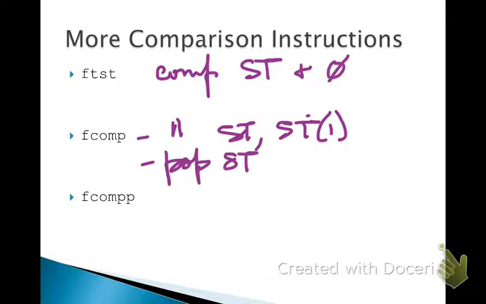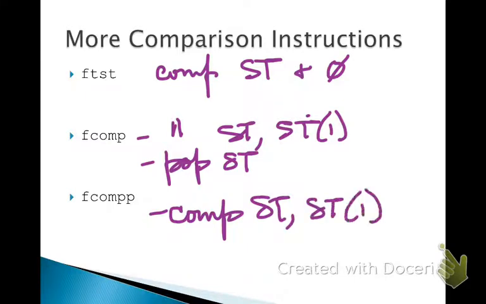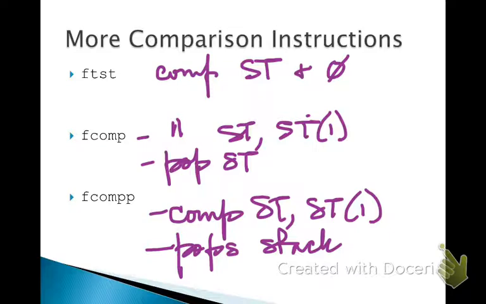And then this is going to compare stack top and st1, and then pops the stack twice. So in effect, it compares the two, st1, and then pops both of those off.